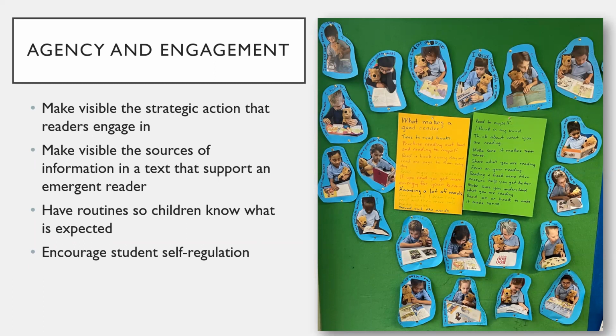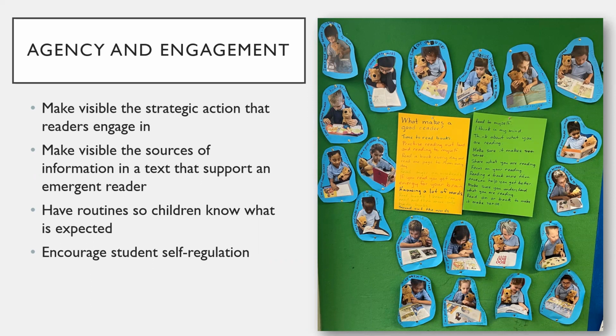We might talk about the front cover and make some predictions about what we think this book is going to be about, so that they're activating their schema. So think about how you are working with all your learners to make visible those sources of information in a text that support them, in addition to, of course, the letter-sound relationships that you would be teaching them.